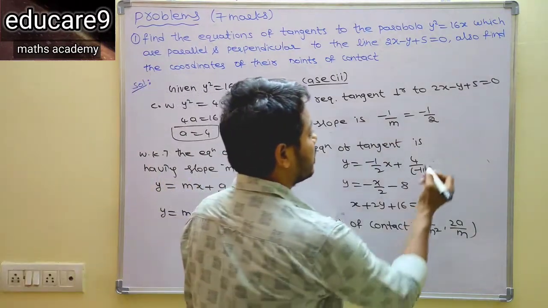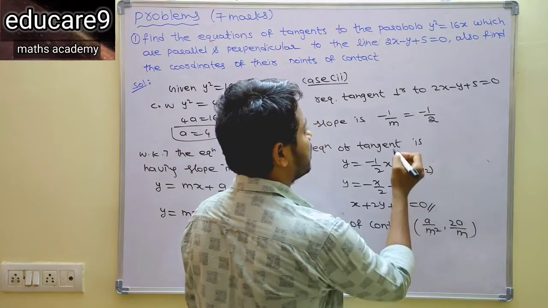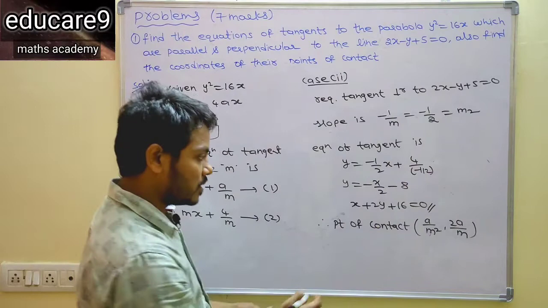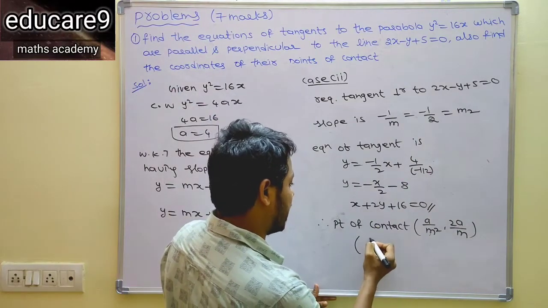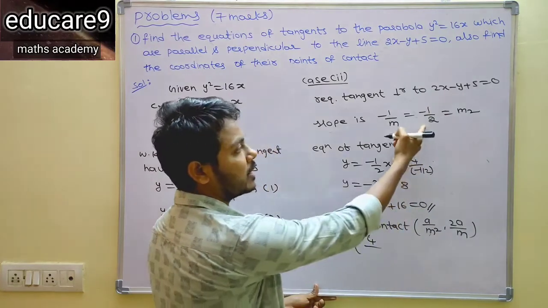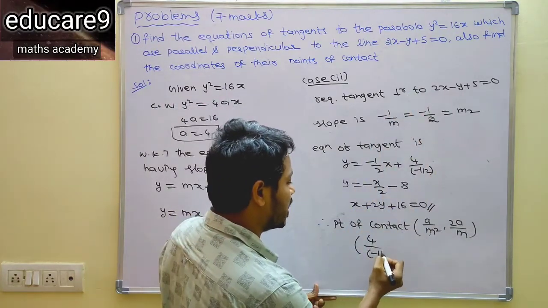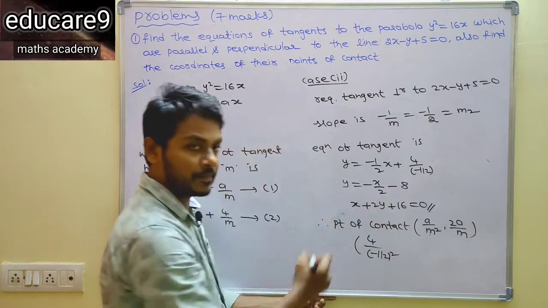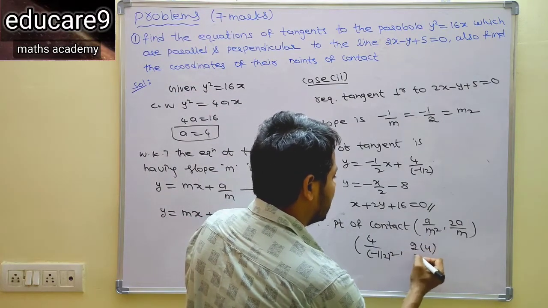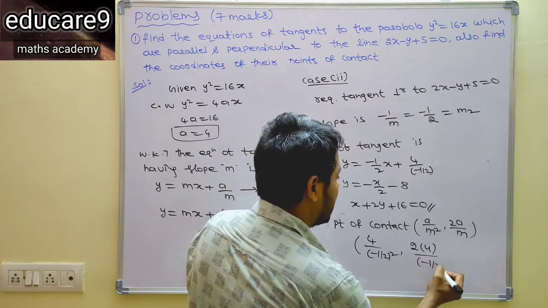So the point of contact: a is 4, slope is minus 1 by 2. So 4 by minus 1 by 2 whole square, comma 2 into 4 divided by minus 1 by 2.